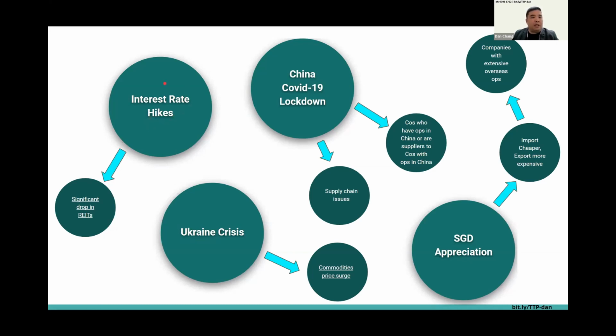Because they are growth companies, and when there's an interest rate hike, it cuts into the growth stocks' projection of P&L. But in Singapore, it is slightly a different story, because we don't have any big tech firm. We do have a lot of suppliers to big tech firms, but we don't have any really big tech firm.